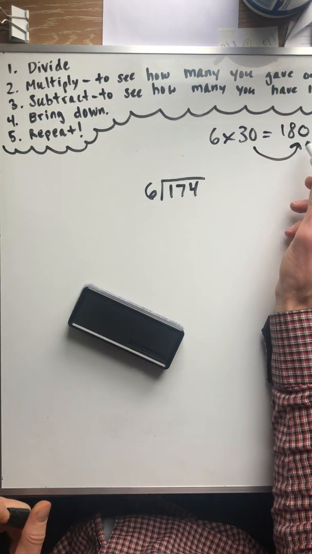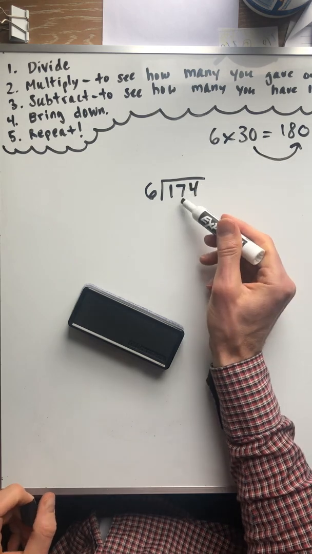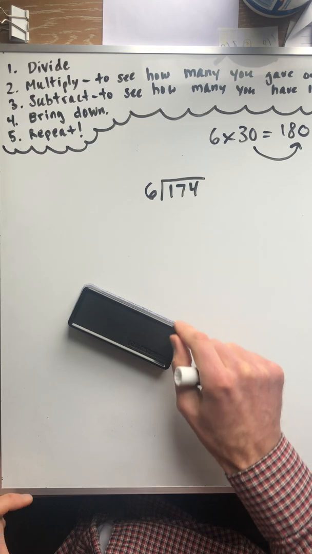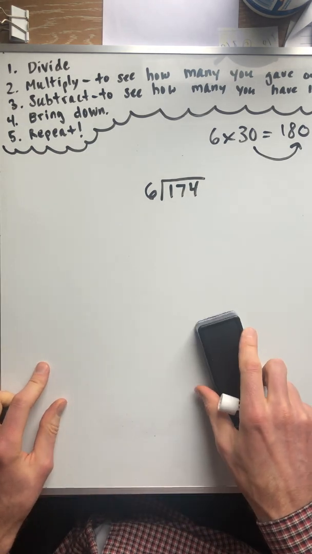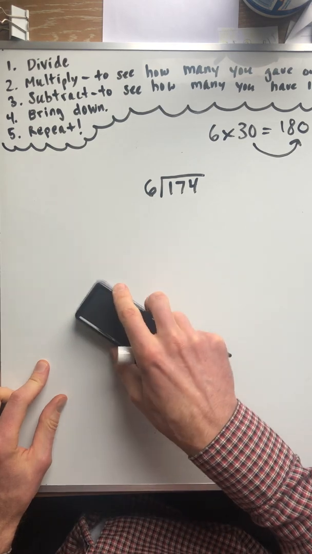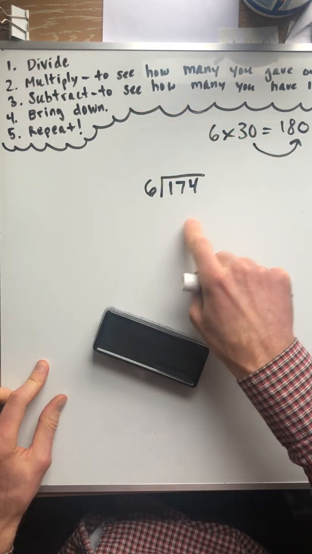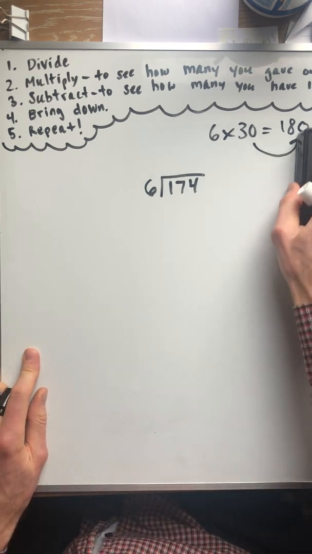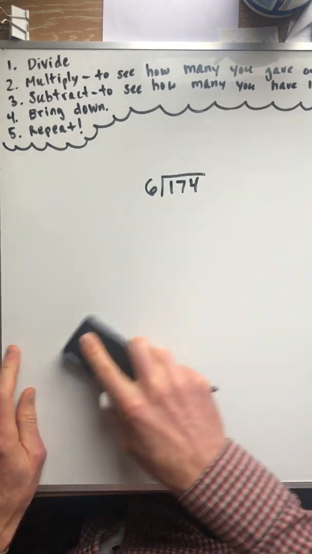So 6 times 30 is 180. So it's going to be a little bit less than 30 because I'm only talking about 174. You might be able to guess right now what the answer is, but that's a good way to make an estimate. Think about 6 times what would equal a big number like that. So it's going to be about 30.